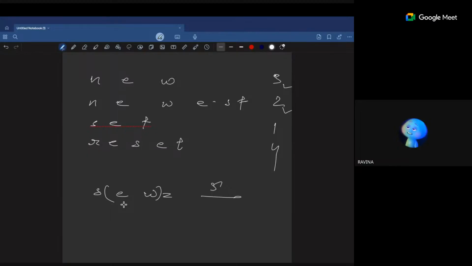Three times here, two times here, two times here, so you have two more and two more, so four more. So you have 16 times.